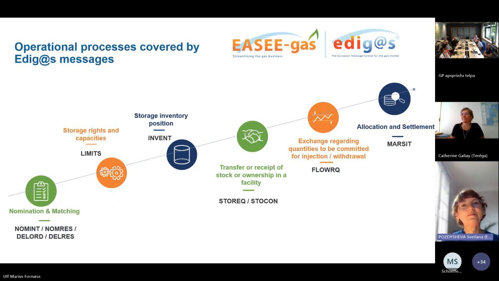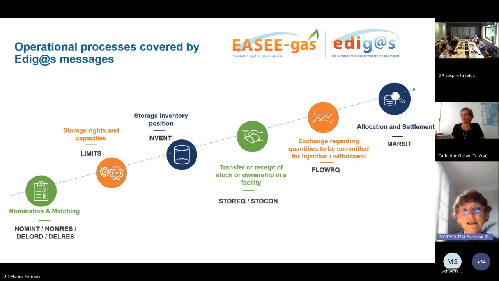This slide is a transitional slide for my colleagues who will follow with the presentation. It gives you an overview of all the messages which exist already and who deals with the data exchange I've mentioned before. So we have nomination and matching, obviously, with the nomin, nomres, and delord, delres.